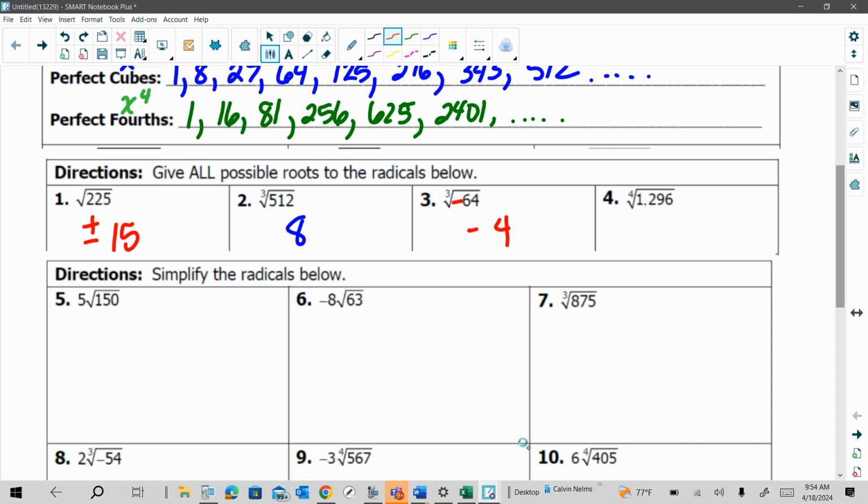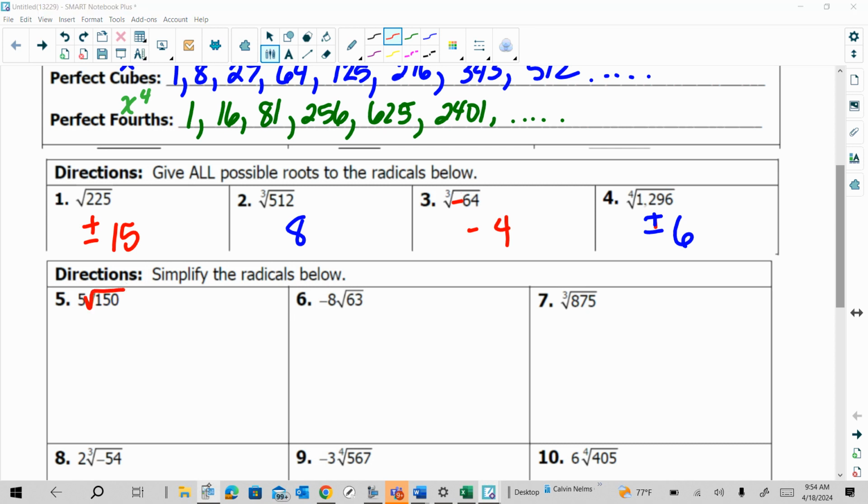Did everyone get, what was it, number 4? Did y'all get this one? Yes or no? Are we okay on that? Yes. Okay, all right.